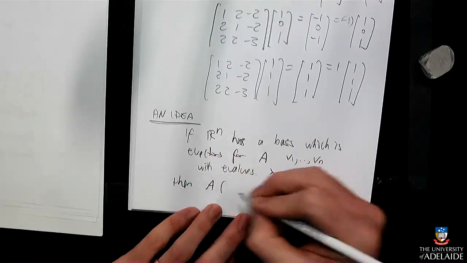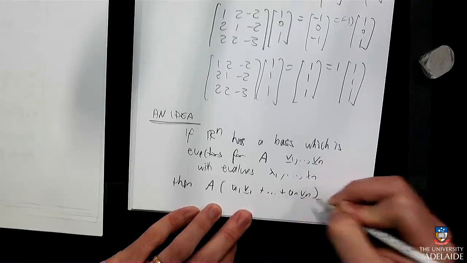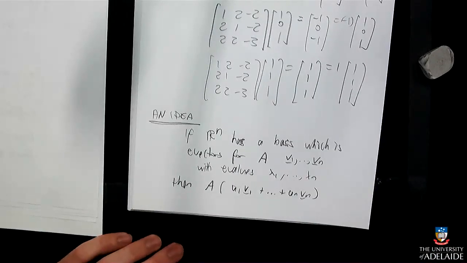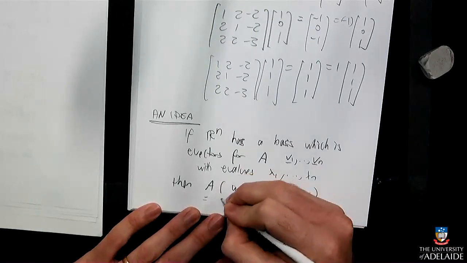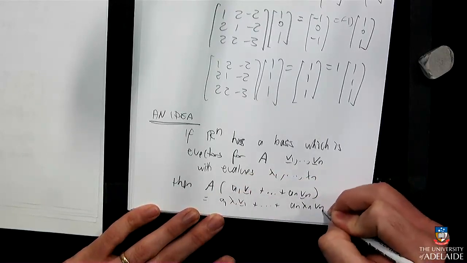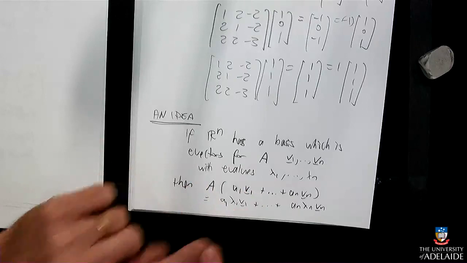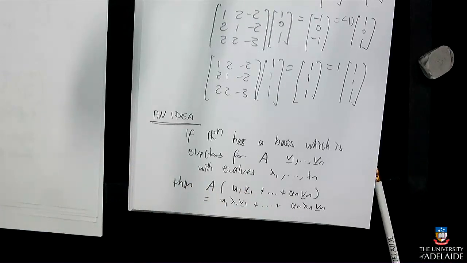A times (a1 V1 plus ... plus an Vn), which is all the vectors in R3, or Rn in this case, is going to be a1 lambda 1 V1 plus ... plus an lambda n Vn. Because if I expand this out, I'll get A times V1, and A times V1 is just lambda 1 times V1. So if I can make a basis out of eigenvectors, and write other vectors as combinations of those eigenvectors, then I can figure out what A does to everything without doing matrix multiplication, just number multiplication.